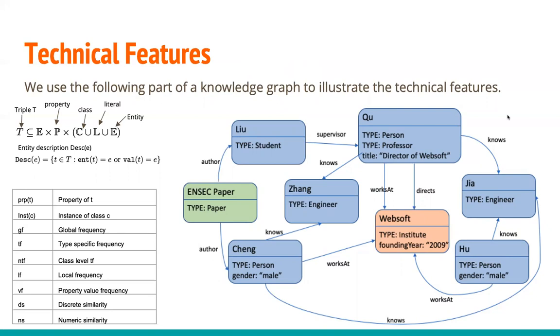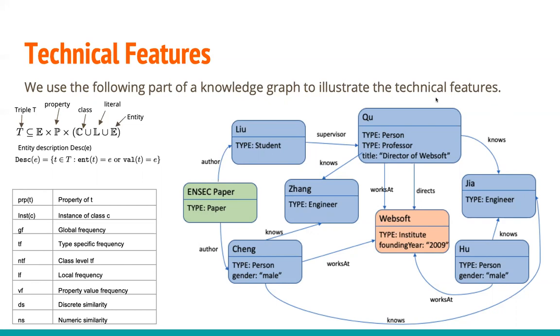On the top left corner, we see a triple, which is formed using 3 parts: entity, property, and the object part. The object part can be a class, literal, or another entity. So basically that's the outline of how a triple looks. And an entity description is basically a collection of triples that describes that entity using other entities, literals, and classes.